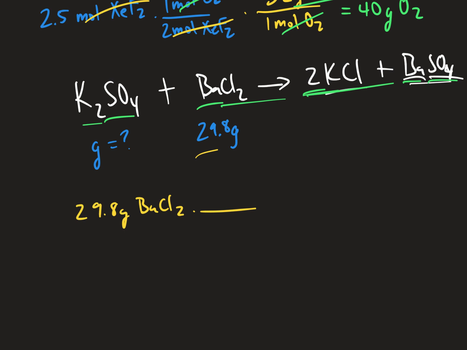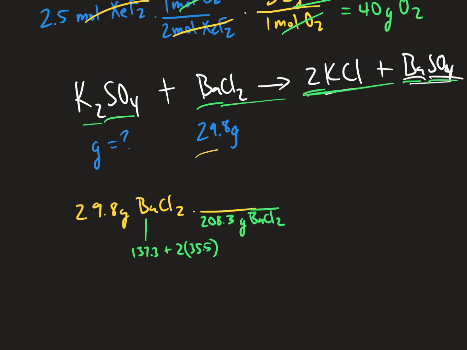Using the molar mass. So the molar mass of barium chloride is something. Barium is 137.3, plus 2 chlorines at 35.5 apiece. 71 plus 137.3, 208.3. Thank you. 208.3, and that's grams of barium chloride.